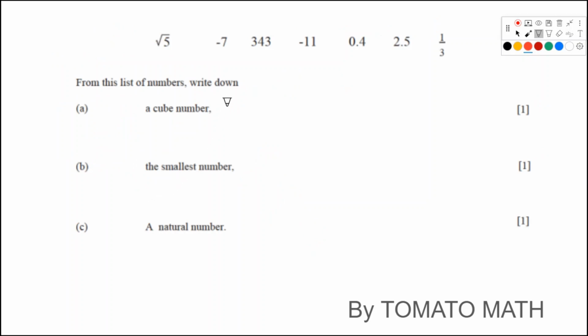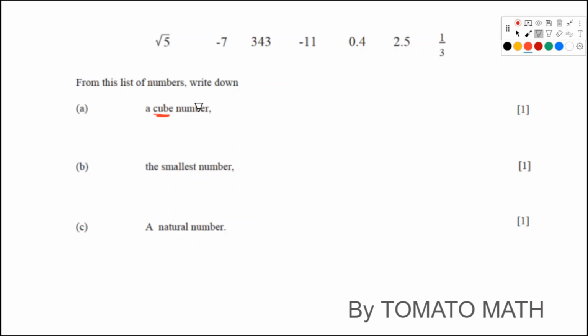Okay, next one, from this list of numbers, write down a cube number. A cube number means the result of multiplying a number by itself 3 times. So a square number is 2 times and a cube number is 3 times.